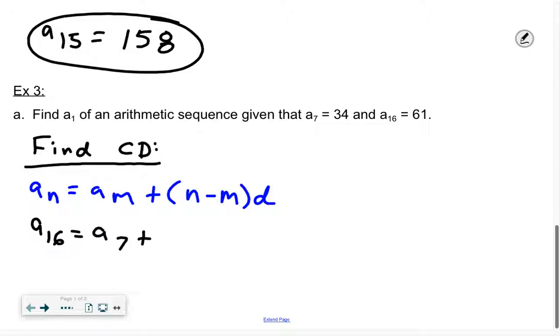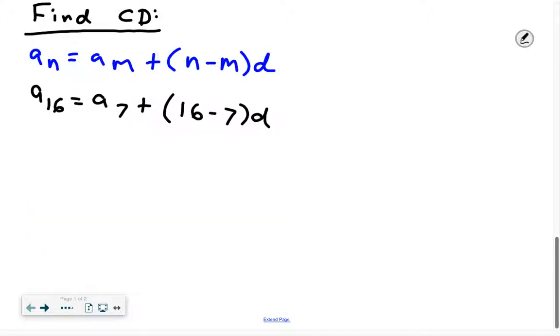What did we say our n value was again? 16. What was our m? 7. And this is the part where I told you let 16 be the bigger, be n, because a big number minus a small number will always give us a positive value, right? If you did small minus big, you would get a negative, which is okay, but now you're just dealing with negative numbers.